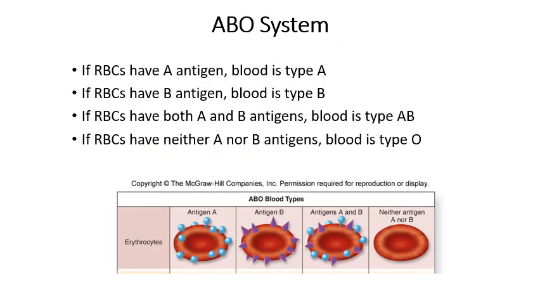The ABO system here is just a visual of the different bloods. Remember, the blood type is by what antigen there is. The little circle here is the A antigen. The little spike is the B. So this cell only has B, so it is B blood. This cell only has A antigen, so it's A. And this one has both, so it is AB blood.